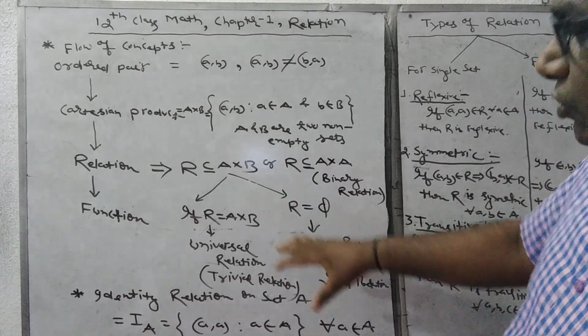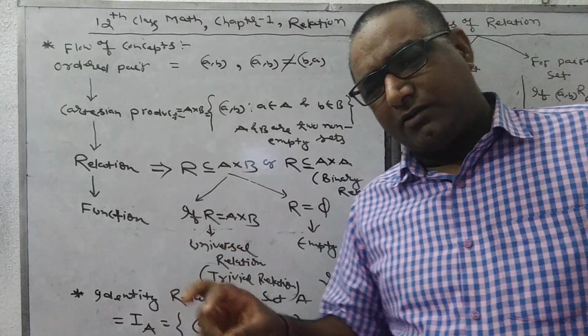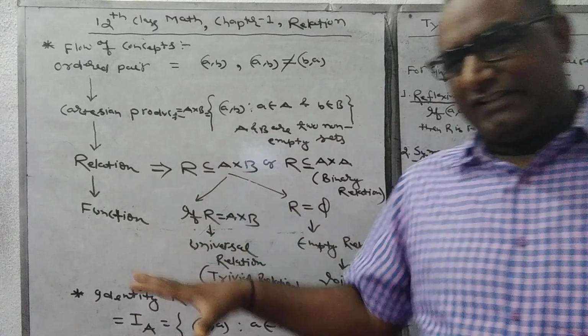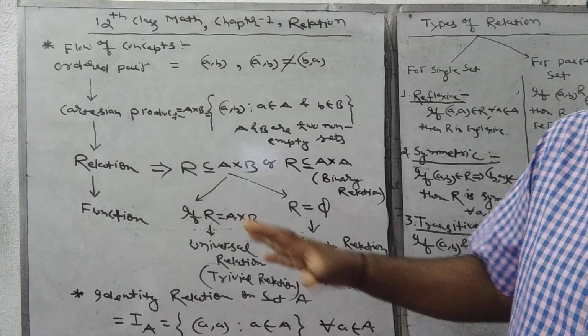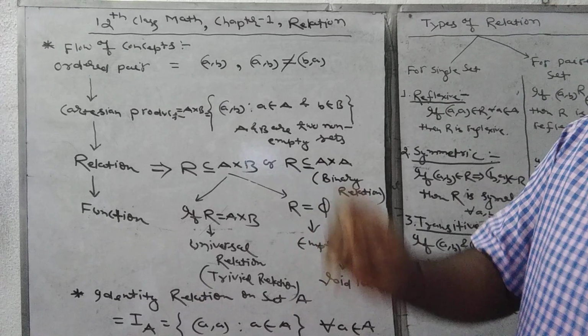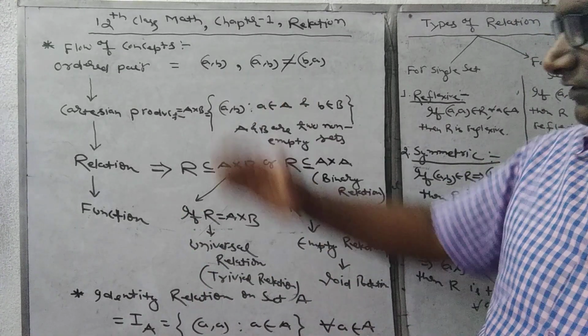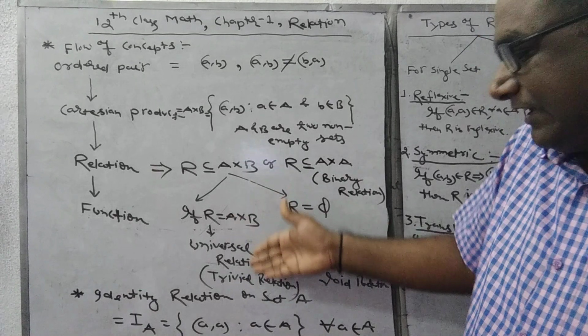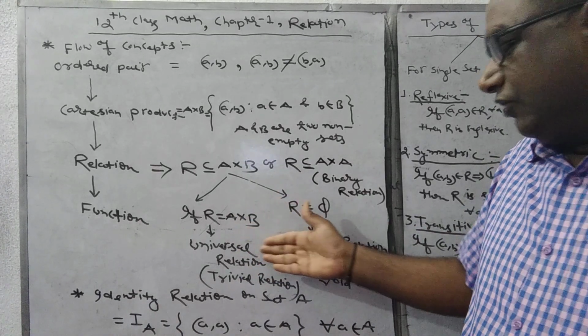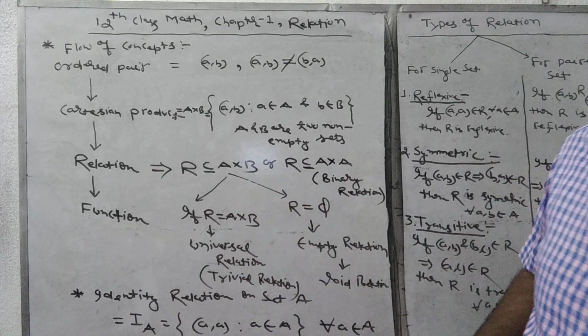Now, if you go through relations, two relations exist that have no existence in terms of questions, but you must know them. If R is equal to the complete Cartesian product A cross B, then we can say that R is a universal relation or trivial relation.